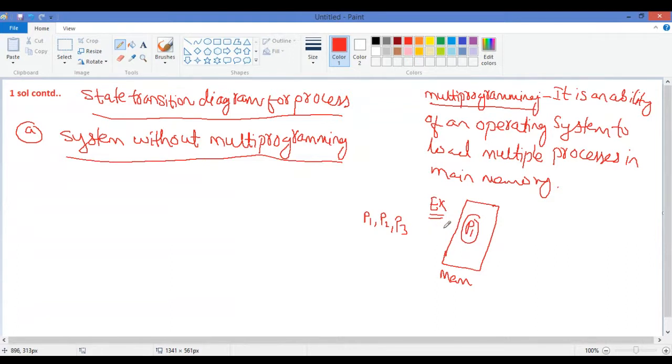What this operating system is doing: first complete process P1. When process P1 finishes, it will bring process P2 and first complete P2. After process P2 is finished, then take process P3. It means it is sequentially taking processes into main memory. Only one process is in main memory at a time.